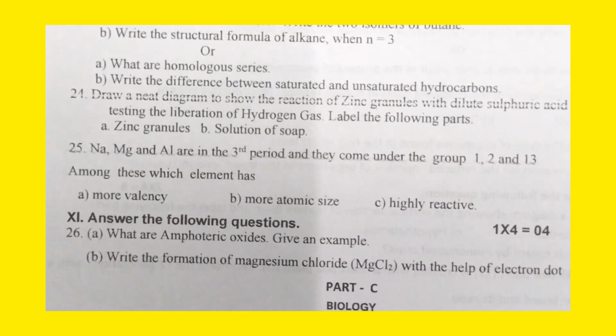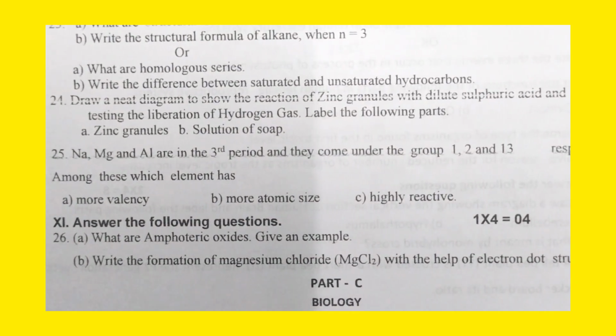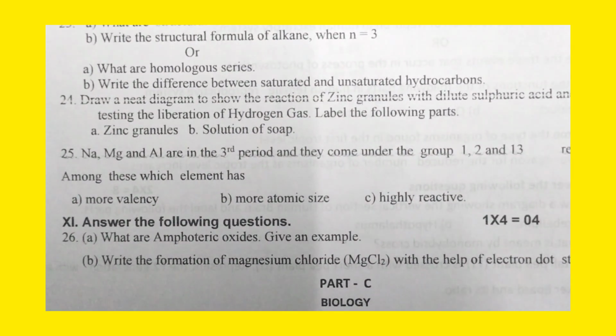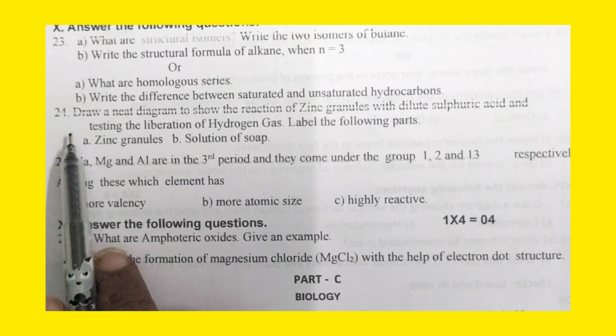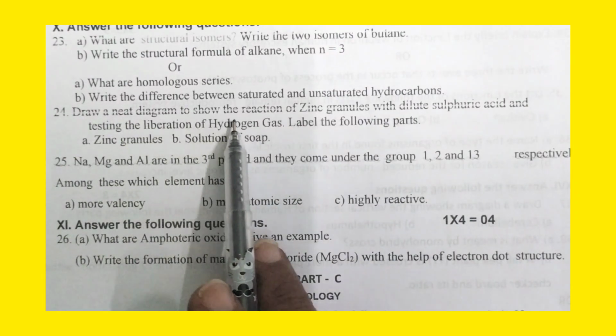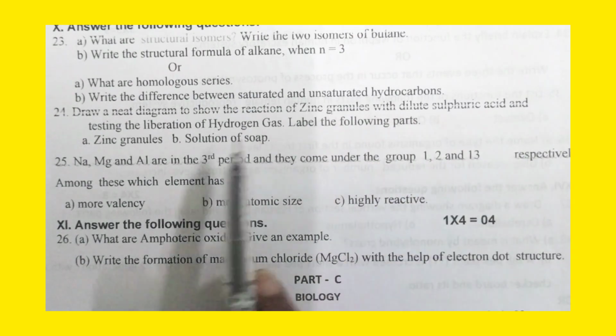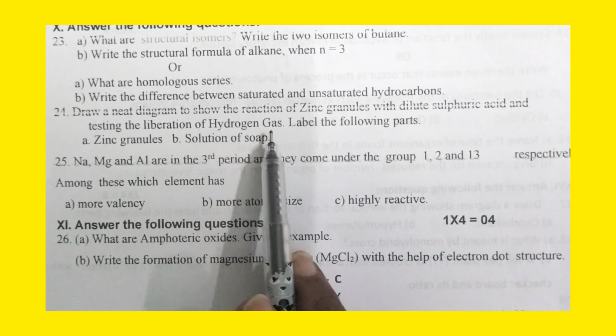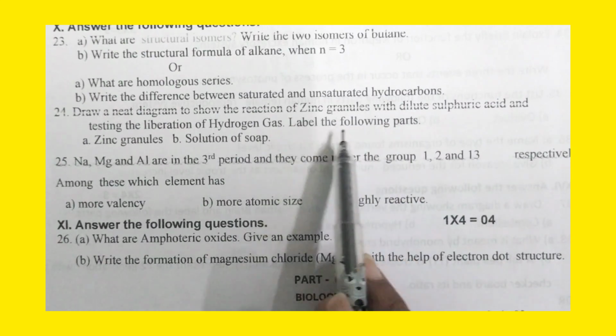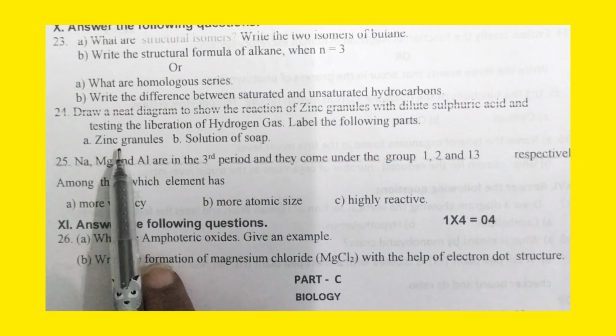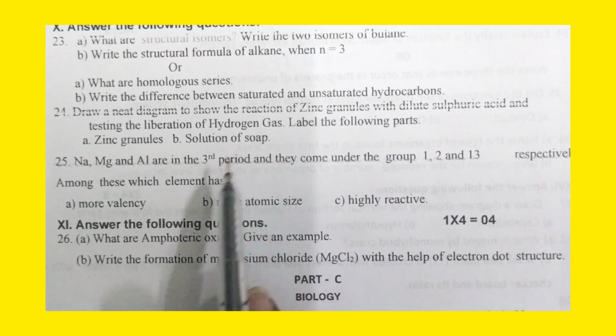Now let us move to the next question. That is the 24th question he asked. So the 24th question is, draw a neat diagram to show the reaction of zinc granules with dilute sulfuric acid and testing the liberation of hydrogen gas. Label the following parts: zinc granules and solution of soap.